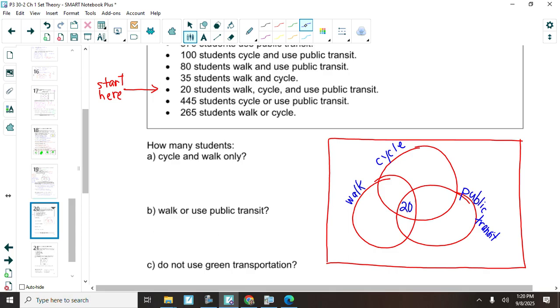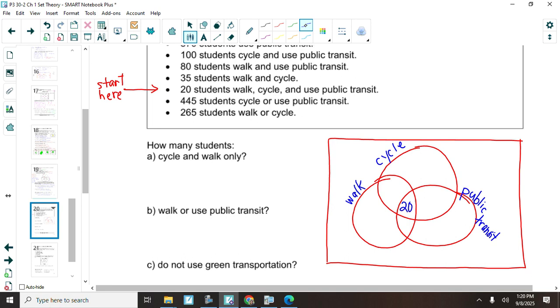Some people did one circle on top, some people did two circles on the top. It does not matter. You can have a little creative liberty as to how you draw your Venn diagram, but we start here: 20 students walk, cycle, and use public transit.